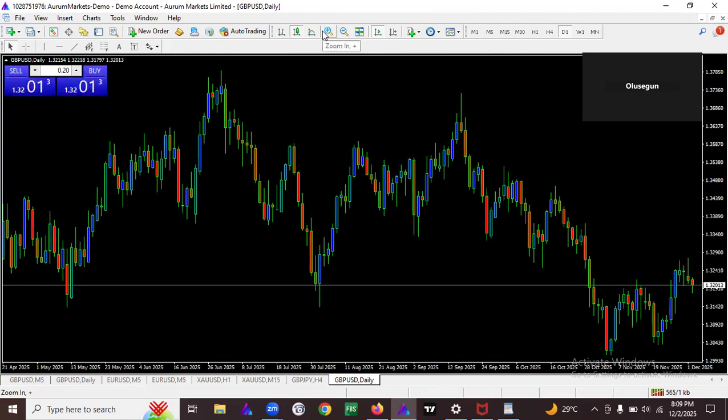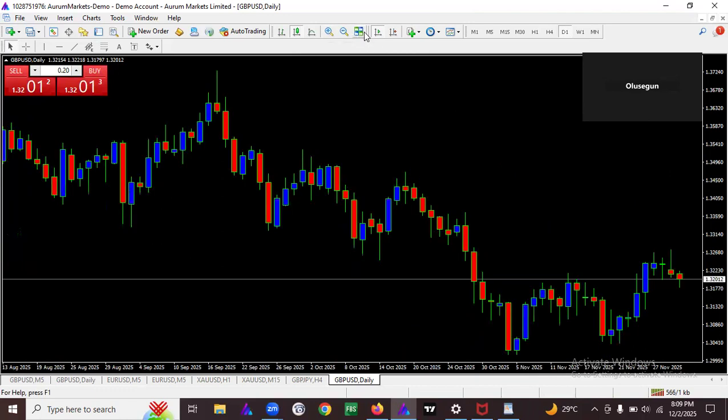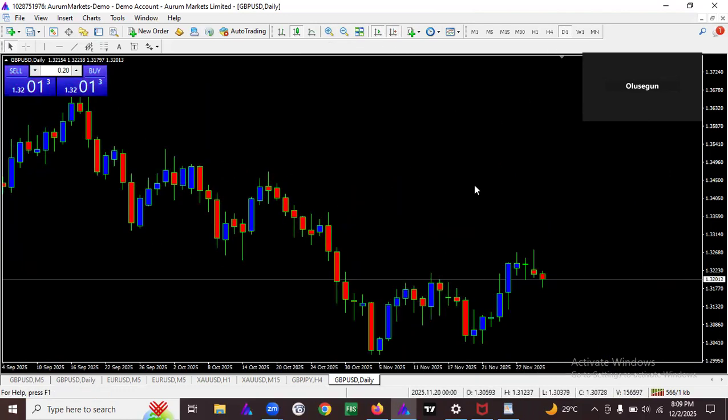So let's identify, we're going to work with it. You can see what we have here, right? We had this spinning candle, we had this doji. At what point did the resistance form here?